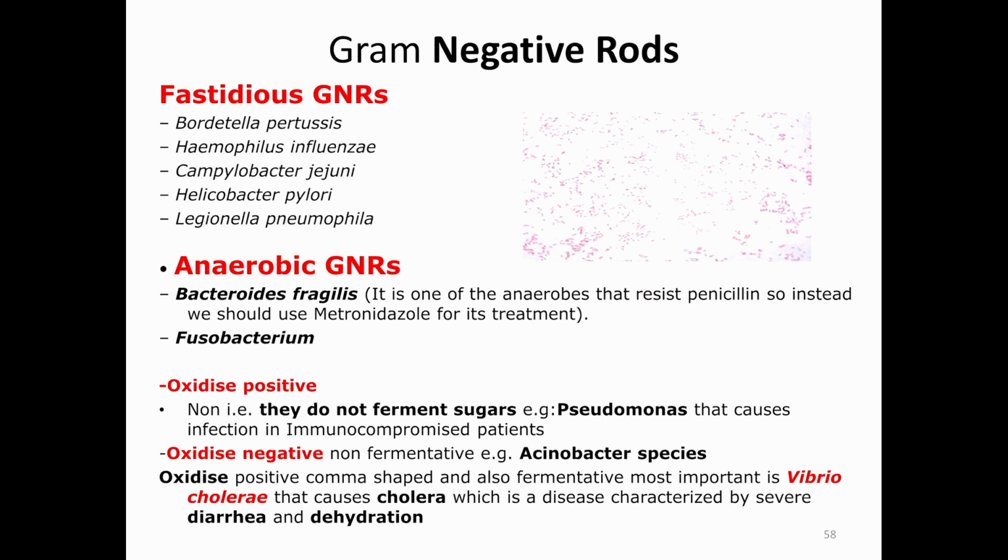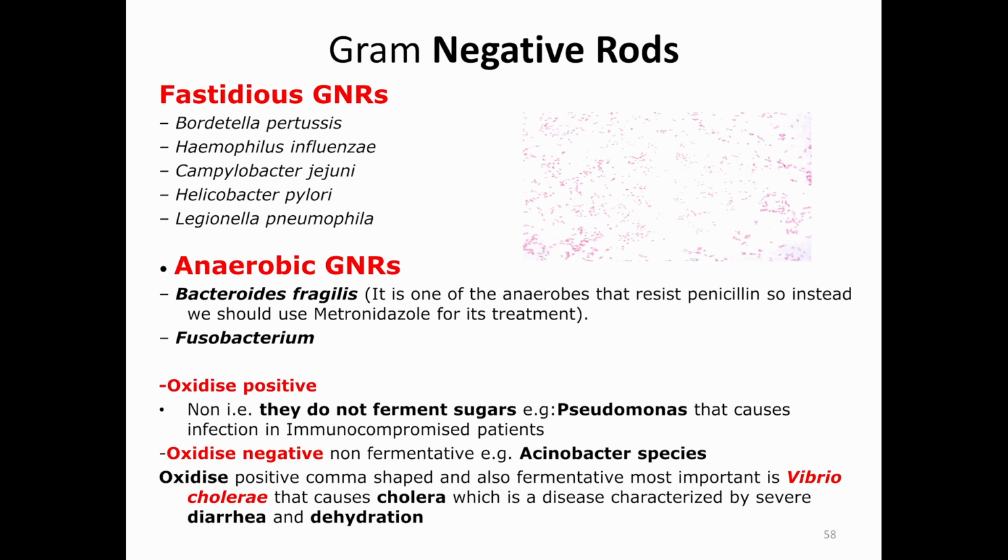Then we also have the oxidase-positive gram-negative rods, and these ones do not ferment sugars. An example, we have Pseudomonas, and these may cause infection in the immunocompromised patient. Then we also have the oxidase negative, an example is Acinetobacter species.